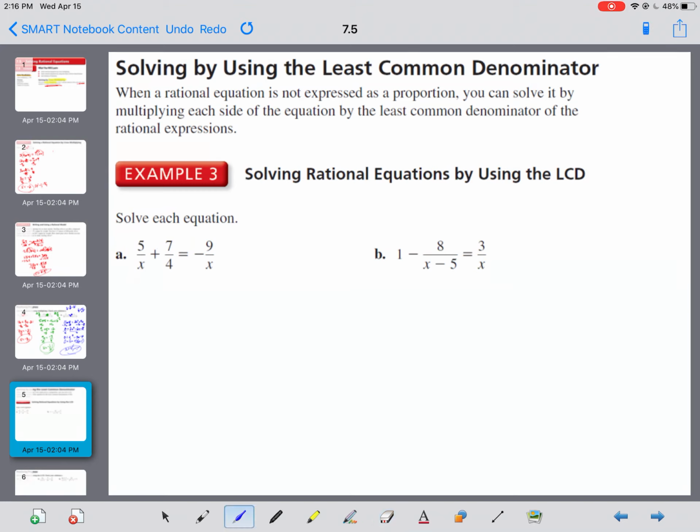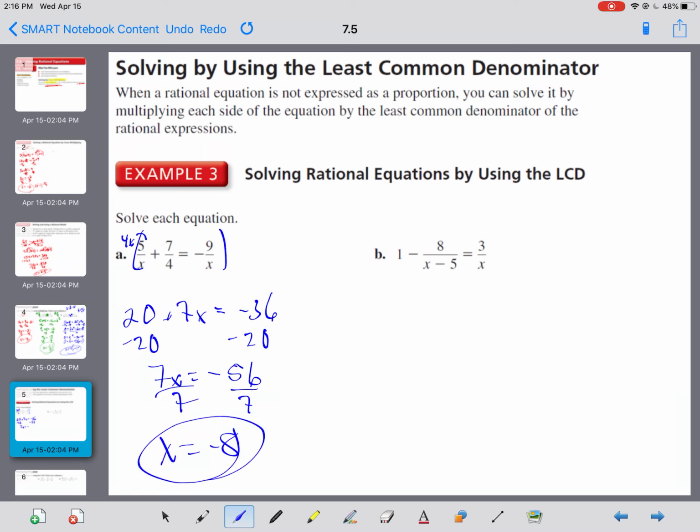And so we have to multiply by that on the tops as well. So if we multiply by 4x to everybody, drop the x, multiply by the 4, makes it 20. Drop the 4, multiply by the x. Drop the x, multiply by the 4, then solve.